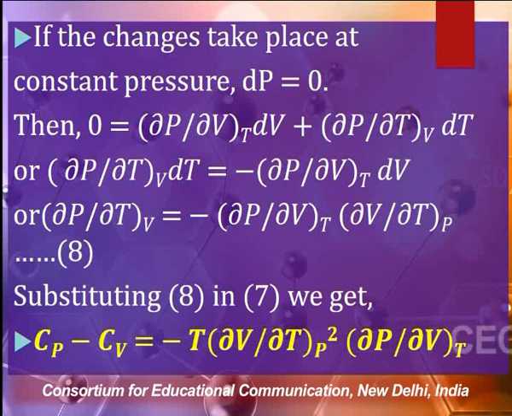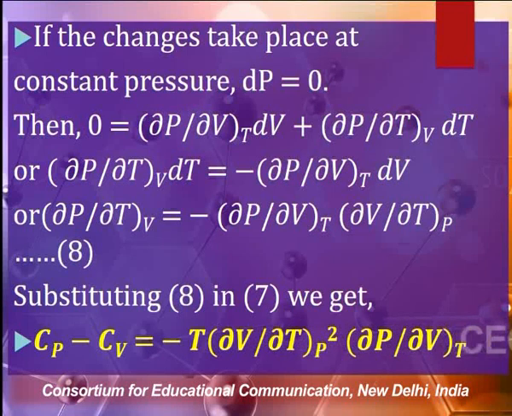Or (∂P/∂T) at constant volume can be written as minus of (∂P/∂V) at constant temperature into (∂V/∂T) at constant pressure. Call this equation 8. So, what have we done in equation 8? We have transposed dT of the preceding equation to the right hand side.